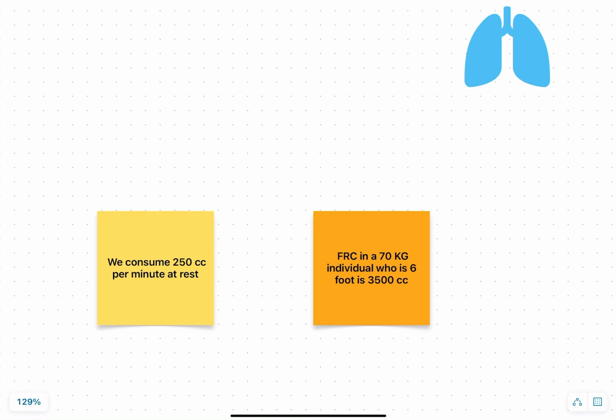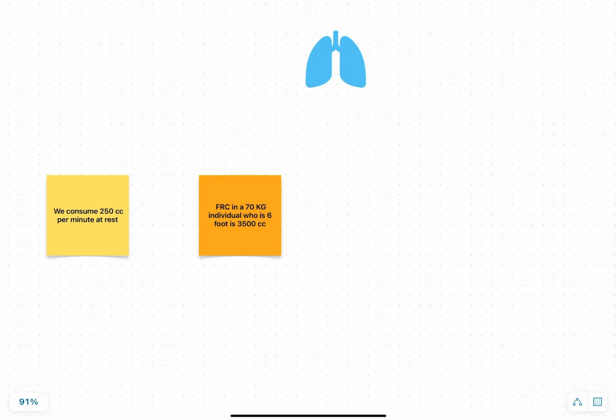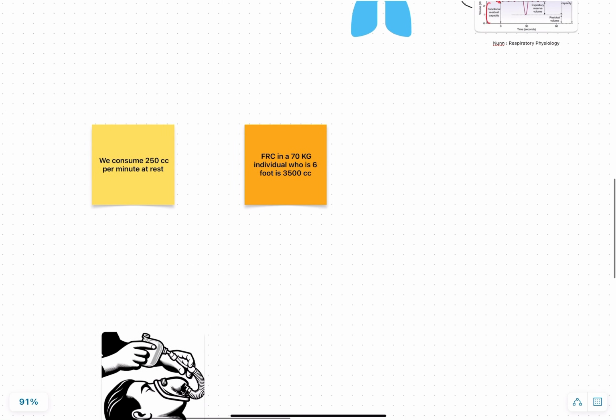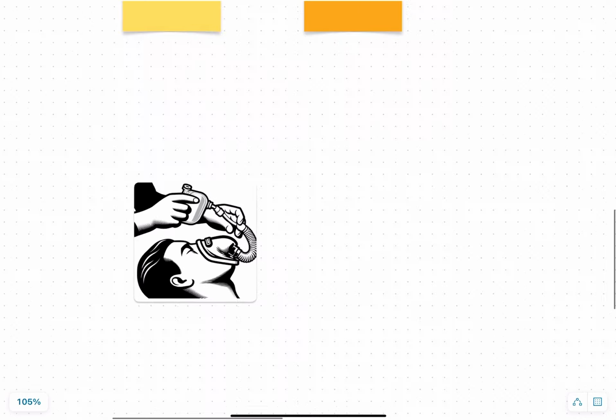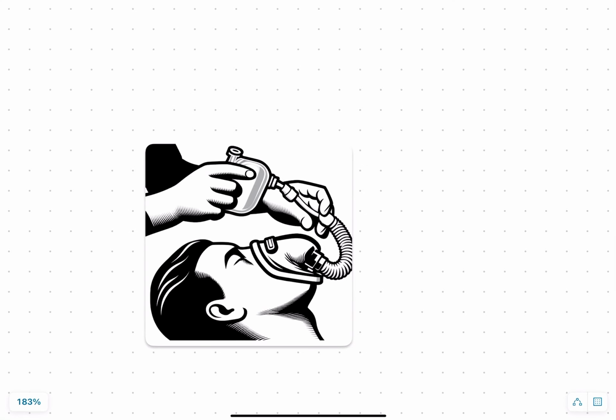What will happen if we use 100% oxygen by doing bag mask ventilation and denitrogenating this patient? Now the entire 3500 cc's is going to be pure oxygen. So you're consuming at 250 cc's per minute.